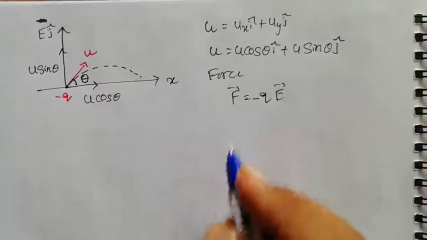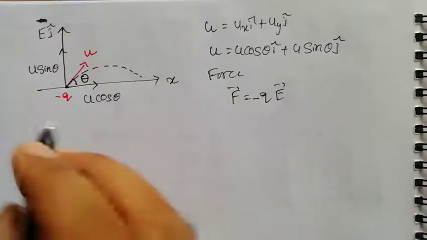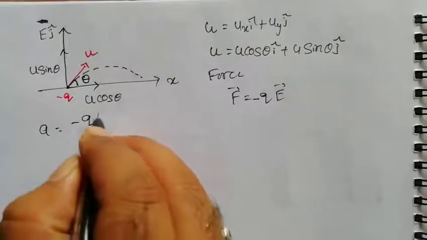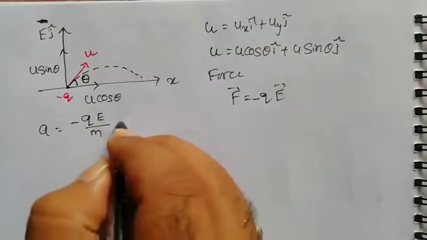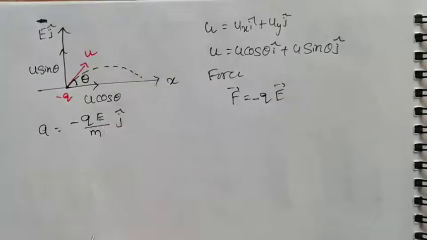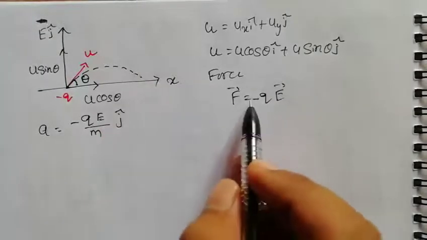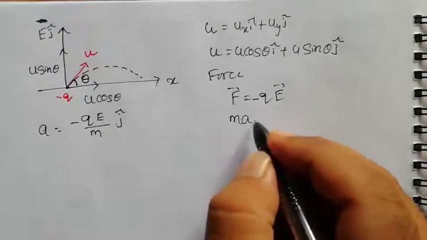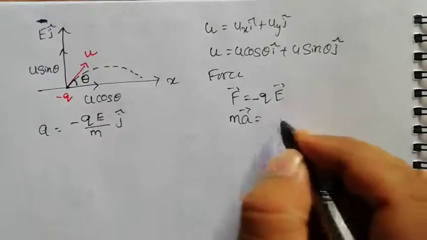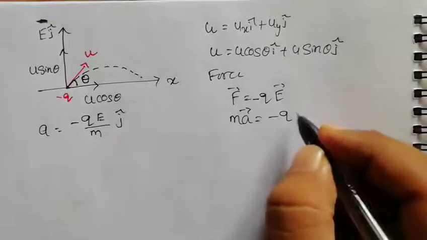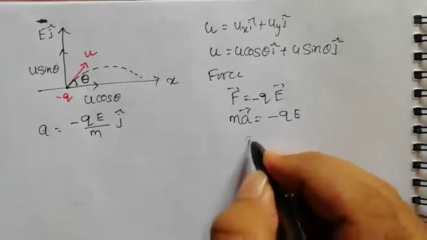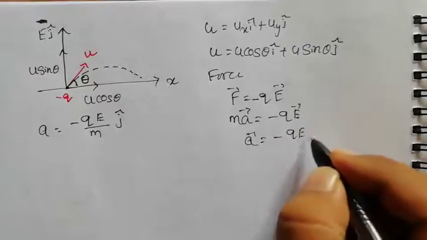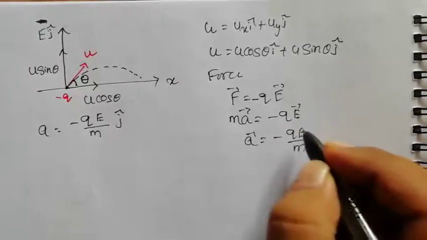Then acceleration, in this case, a equal to minus qE by m into j cap. Because as we know, from here only we are getting this. See, m into a is equal to minus q into E. So acceleration a is given by minus q into E by m.